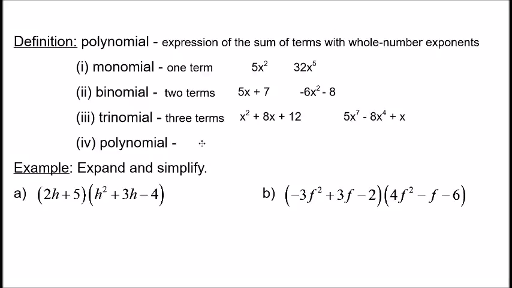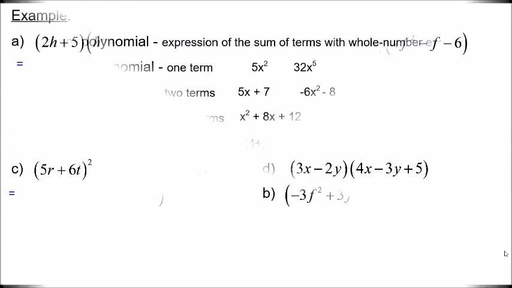The last one that we have is just a general polynomial. So this means many terms, and it happens when we have 4 or more. So if I had 32 terms, it would still be called a polynomial. An example of this one is 5x cubed plus 7x squared minus x minus 1.